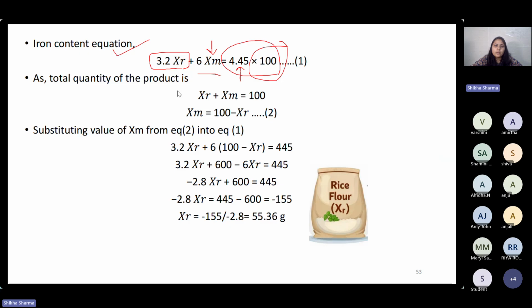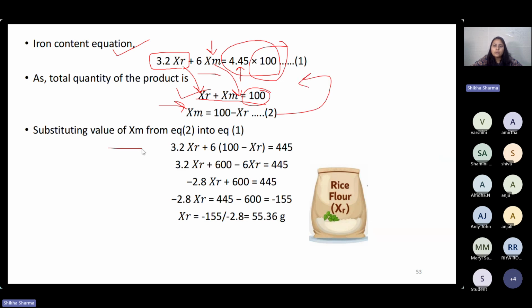As the total quantity is also 100 grams, when we are mixing the rice flour proportion with the moringa, the sum should equal 100. So XR plus XM equals 100. So XM would be 100 minus XR, and we can put this into equation 1.